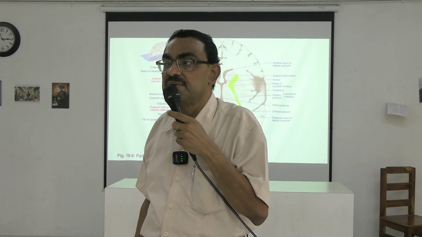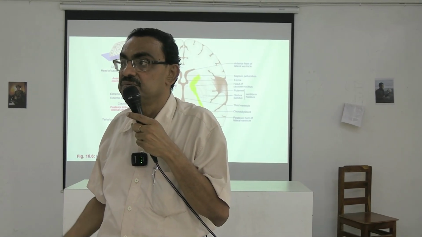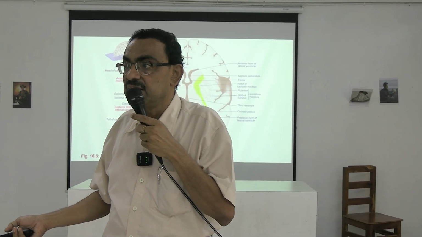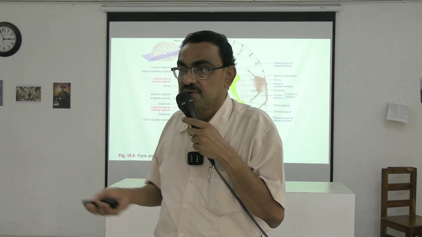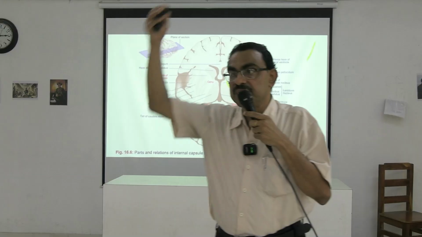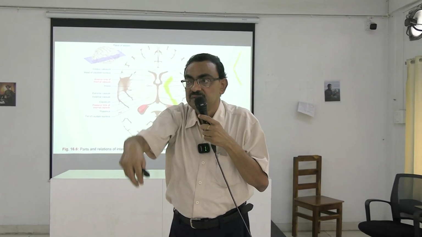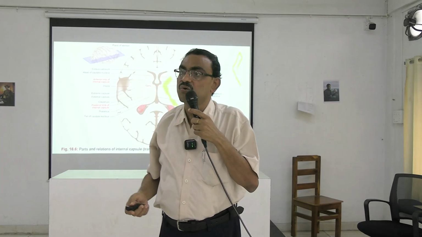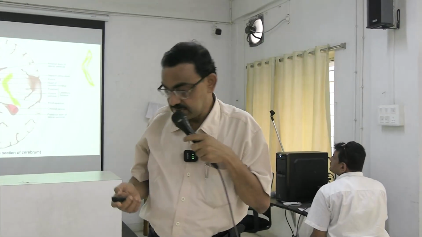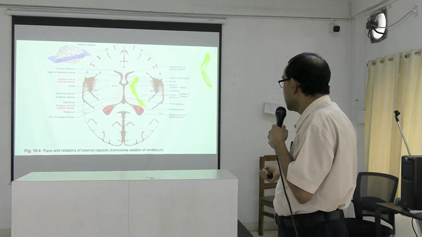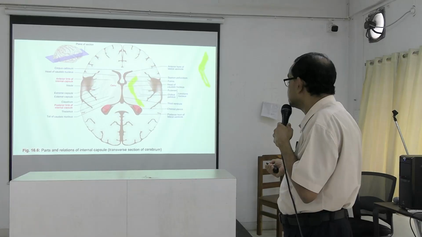There are several cranial nerve nuclei, such as the optic nerve nucleus, olfactory nerve nucleus, or oculomotor nerve nucleus. From there, the fibers reach those nuclei, or reach the spinal cord. So the corticonuclear or corticospinal fibers pass through this area, which is called the internal capsule.